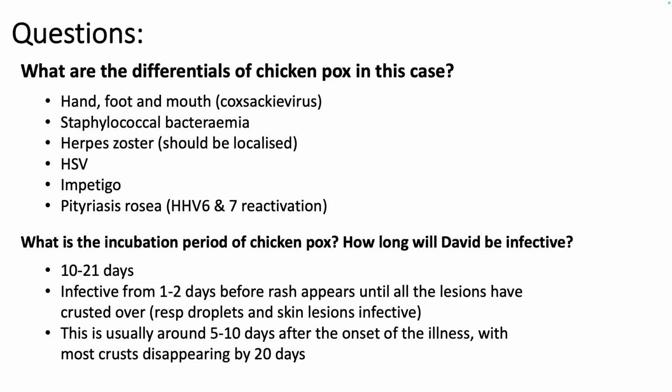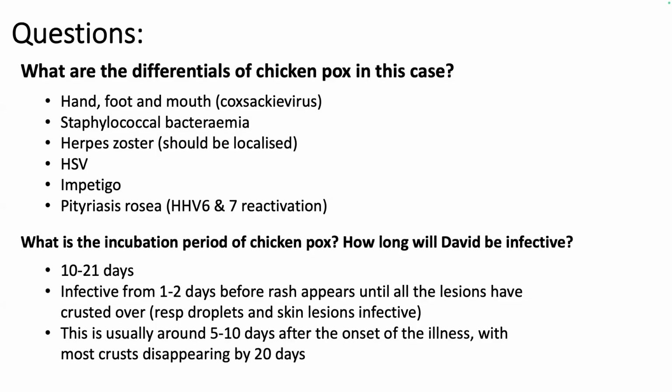Although if you are an immunocompromised contact of someone who's had chickenpox, we give you prophylaxis from 7 days because we know that the virus is likely starting to replicate by this point. So officially 10 to 21 days, but yes, something will be happening by 7 days. And the reason that it spreads so rapidly and so easily is that you're actually infective from a couple of days before the rash appears.